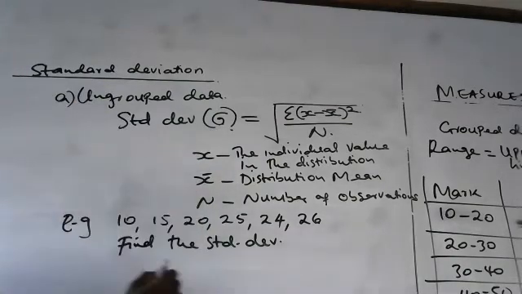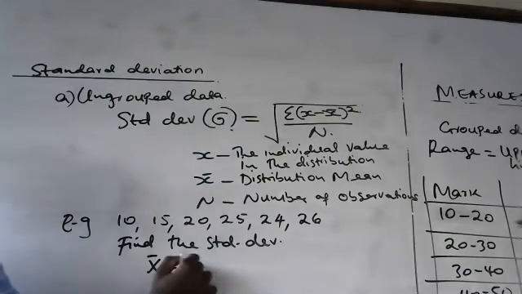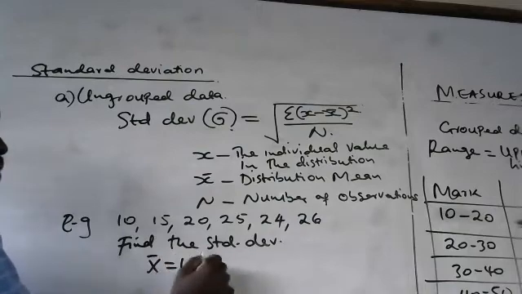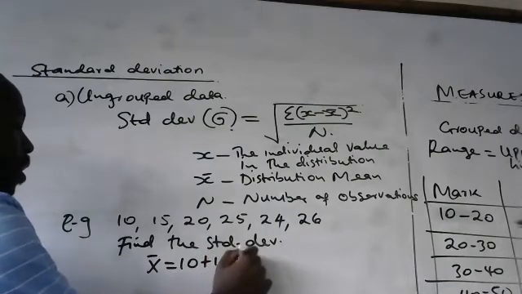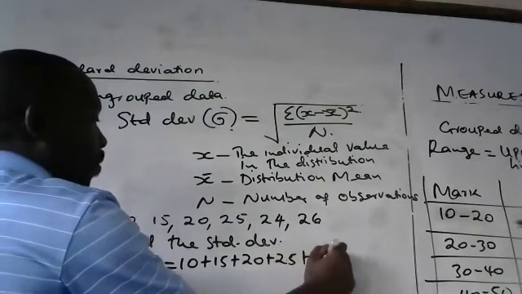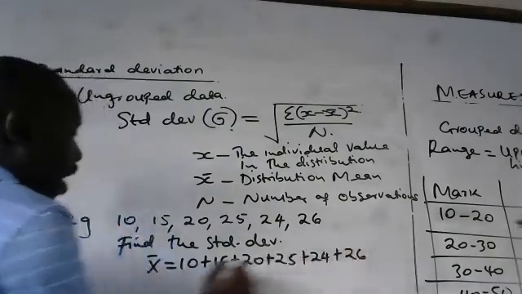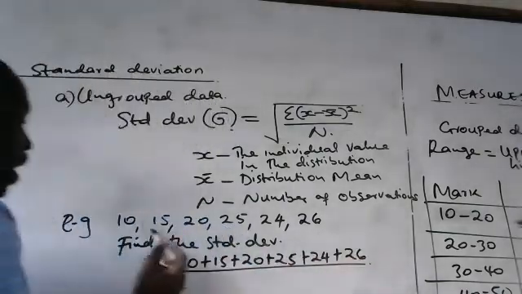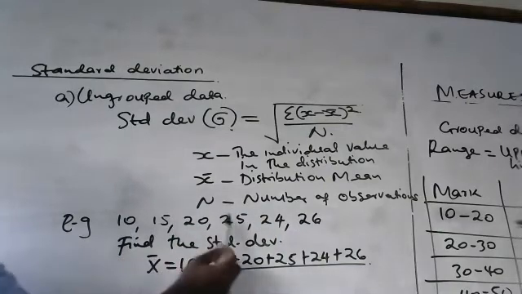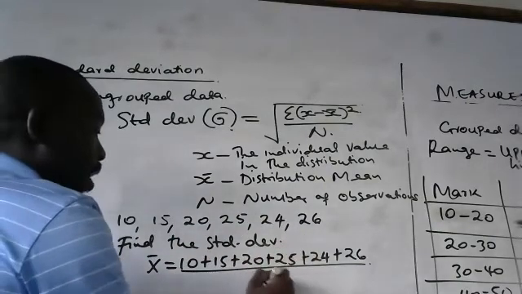For ungrouped data, the mean, which is x bar, is calculated as the sum of the values. So it's going to be given by 10 plus 15 plus 20 plus 25 plus 24 plus 26, and then we divide by the number of observations, or the number of items we have. This is 1, 2, 3, 4, 5, 6. We divide by 6.